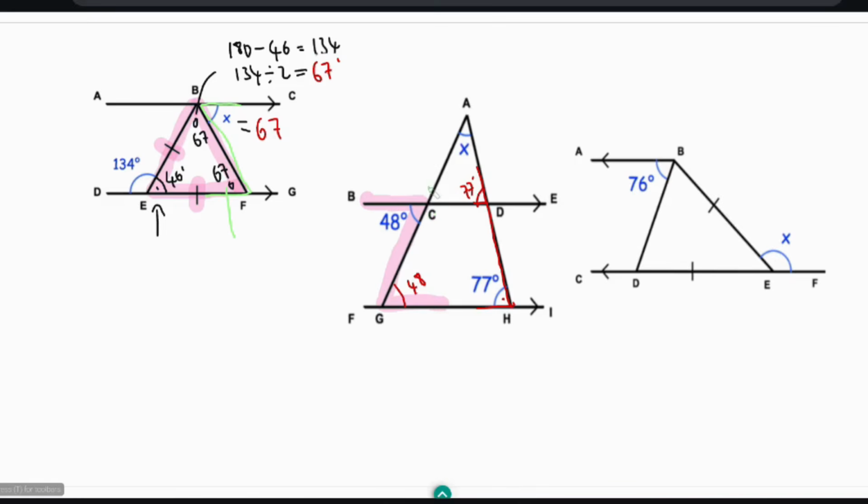Also a corresponding angle here, 48, 48. I mean, we could have used the big triangle or the small triangle. Angles in a triangle add up to 180. 180 minus 48 minus 77 is 55.